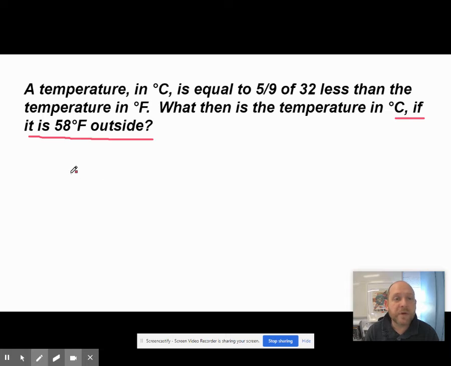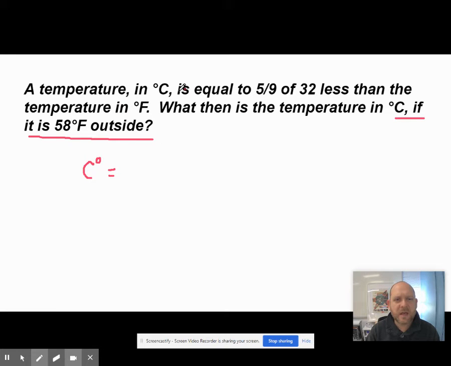So what I'm going to want on the opposite side of my equal sign, if I write it as an equation, not just an expression, would be the degrees Celsius. That's what I'm looking for. And I know that I can do that by using Fahrenheit, which I've got a value for.